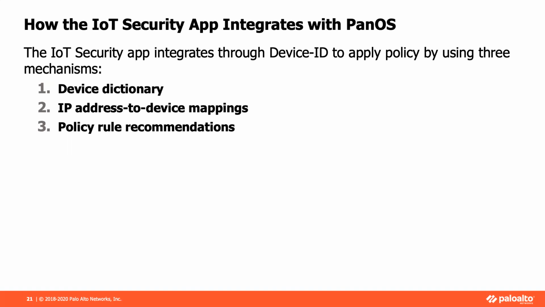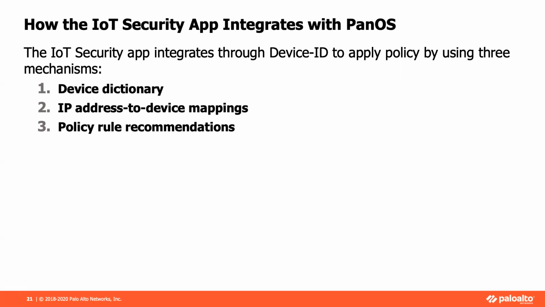And also have policy rule recommendations based upon this device dictionary that's available to you. This is going to help you implement these rule recommendations easily, by grouping things together and being able to have simplified sets of rules without having to have complex sets of rules, multiple rules for each single device.